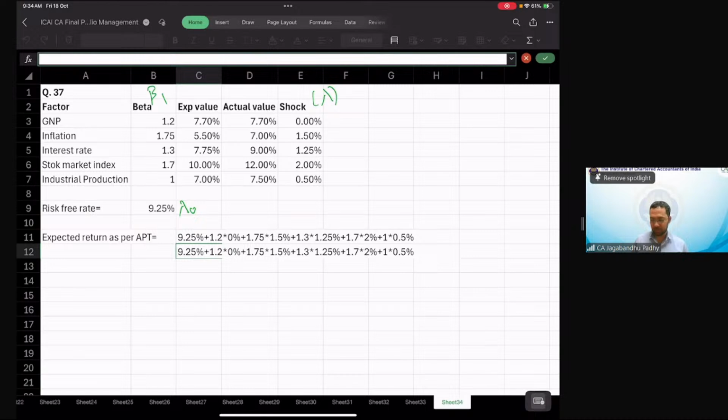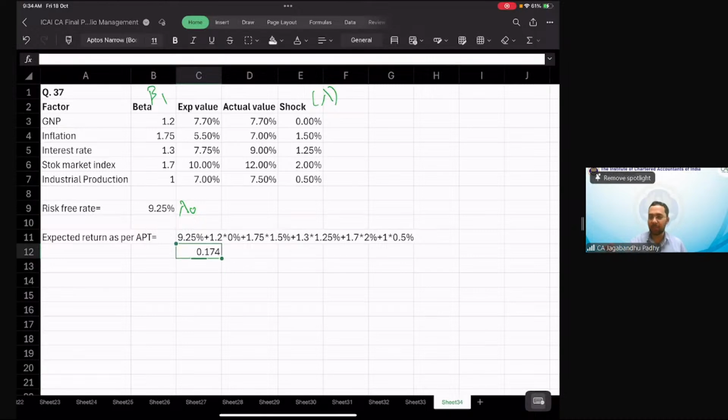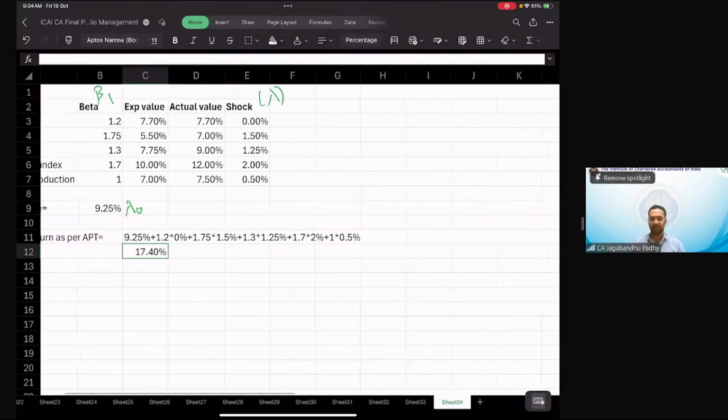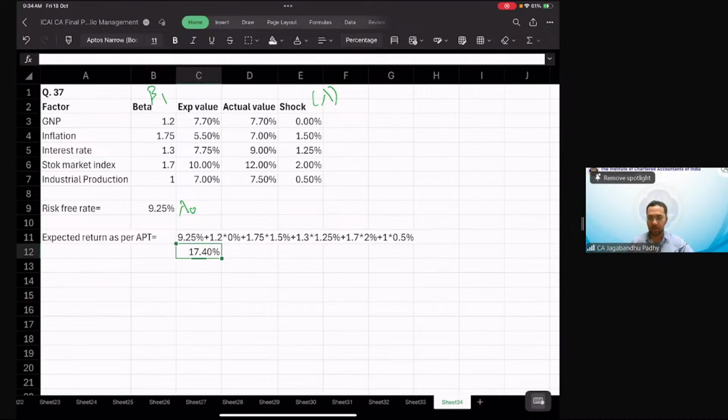Okay, so expected return as per APT will be 17.4%, taking into account all the lambda and the beta values.